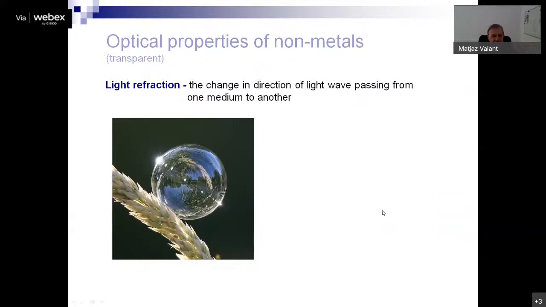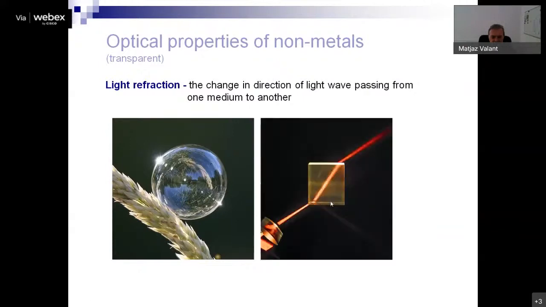Another property that I want to mention is light refraction. So when light passes from one medium to another, it refracts. So what does it mean? It means that it changes direction, as shown here.